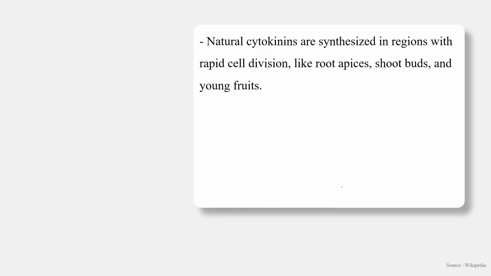Clear? So natural cytokinins are synthesized in regions with rapid cell division. What are those locations? Root apical region, shoot buds, which also have rapid cell divisions, and young fruits. So these are synthesized where rapid cell division is the main task.